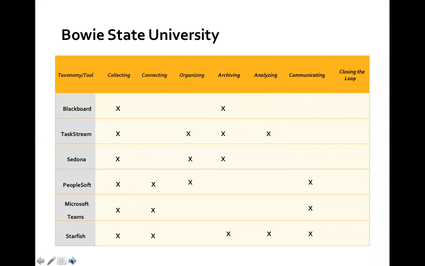Closing the loop is the change in practice, and communicating is because we really want to push the transparency framework that the National Institute for Learning Outcomes Assessment published many years ago. They want to encourage institutions to share with faculty, students, parents, boards, all the potential audiences out there, what it is we want students to learn, how we help them to learn, how we measure it, and then what we do with that data in the end.